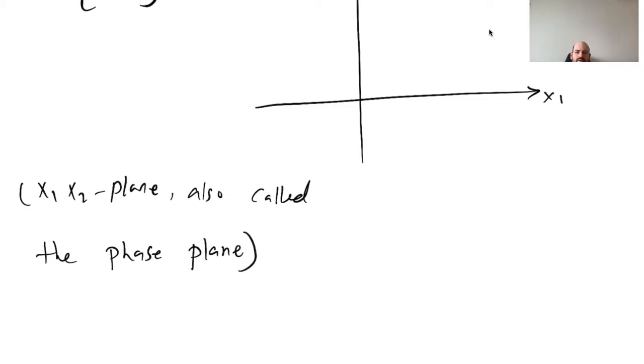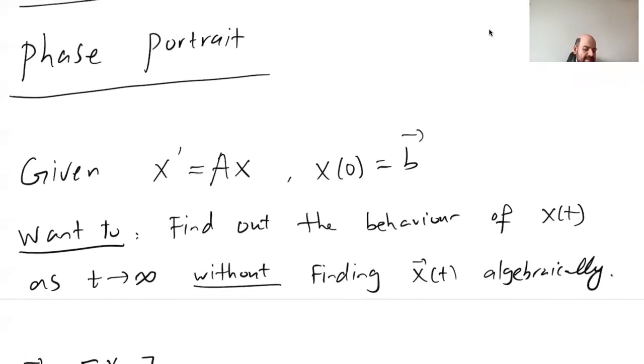Now remember, the goal is that we have a system of ODEs and an initial condition, and we want to know how the solution behaves without finding the solution. As t goes to infinity, what does the solution do? Does it approach 0, for example, or does it approach infinity?